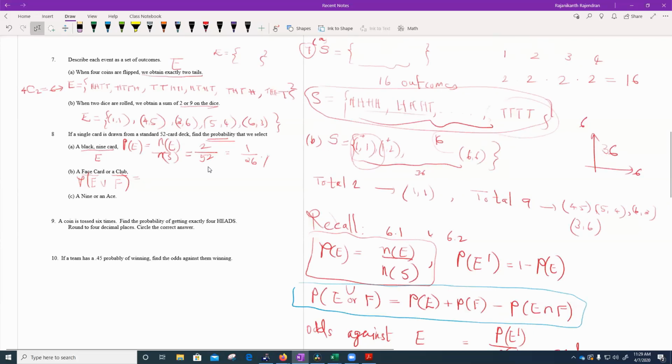So my event E is getting a face card. So the probability of event E is getting a face card, right? Plus I'm using this formula, P of F. F is getting clubs. Then you have to subtract the overlap, which is face and club, right?